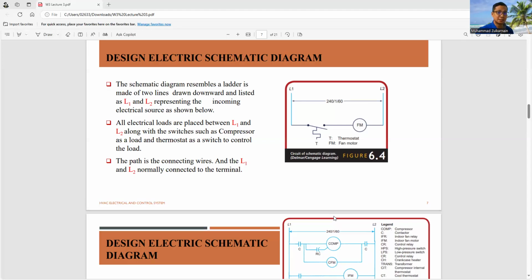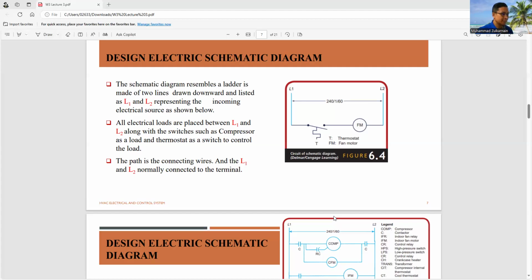So once you are facing troubleshooting, you need to read the schematic diagram. You can read from the schematic diagram, and then you can determine which part or zone needs a specialist to do maintenance.